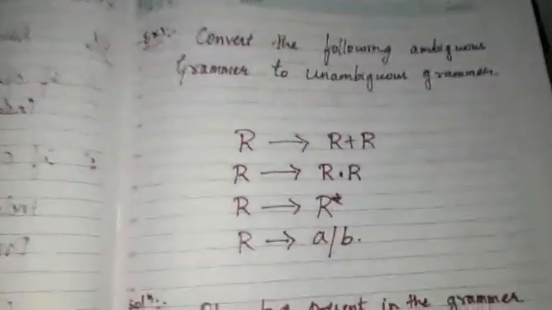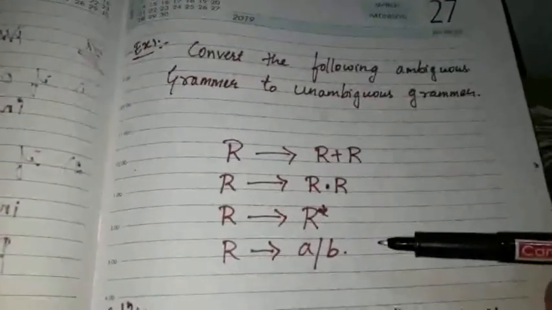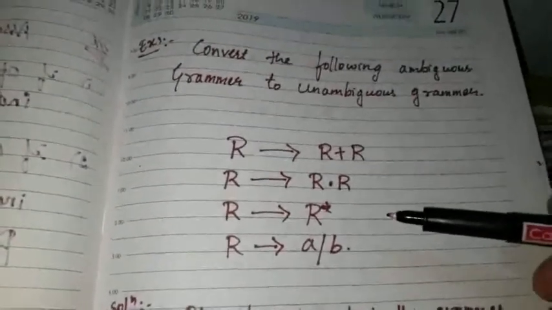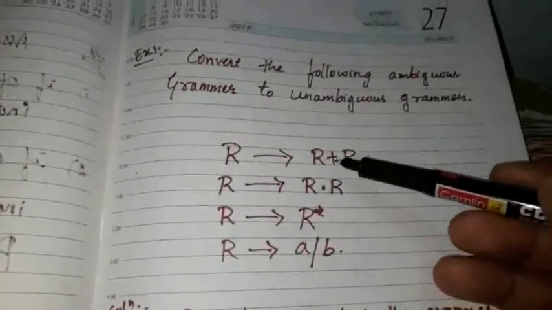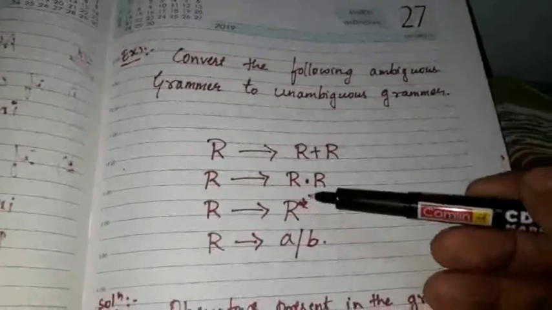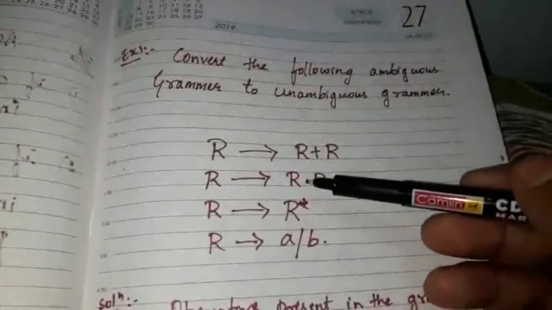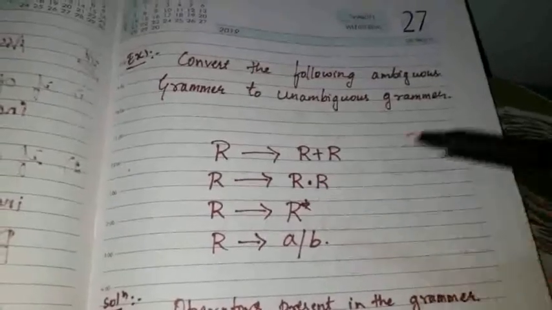Okay. So now, see, this is a grammar for a regular expression. What are the three operators we can get in a regular expression? Plus, which is union, dot, which is concatenation, and star, which is closure.